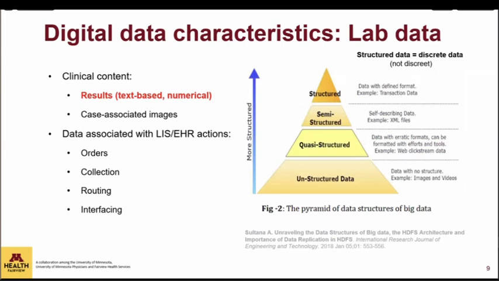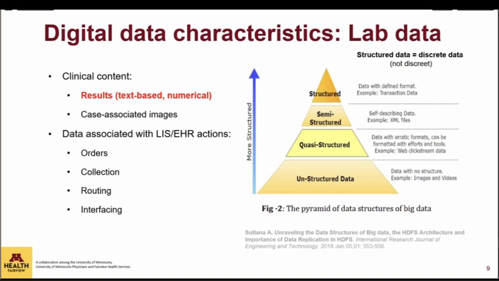So when we talk about the characteristics of lab data, especially when it comes to differences between AP and CP data, it's helpful to define the content we're talking about and some characteristics about it. So when we think about data content for lab tests, first to mind comes results.